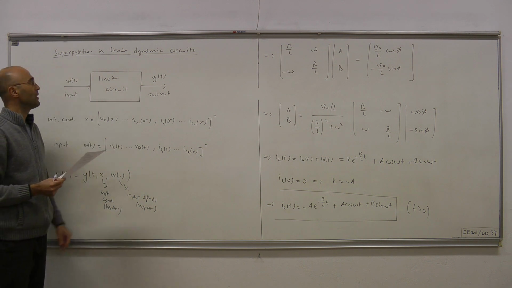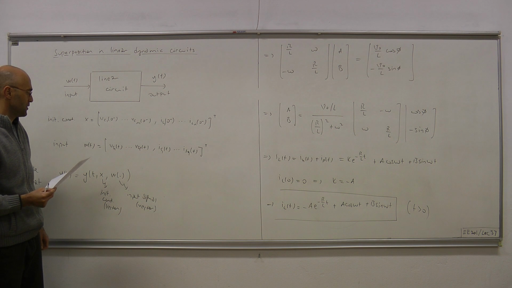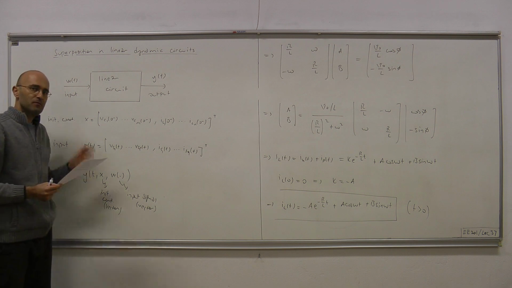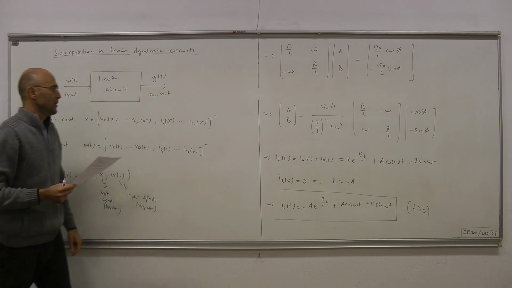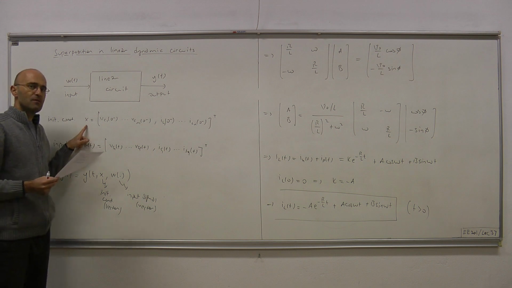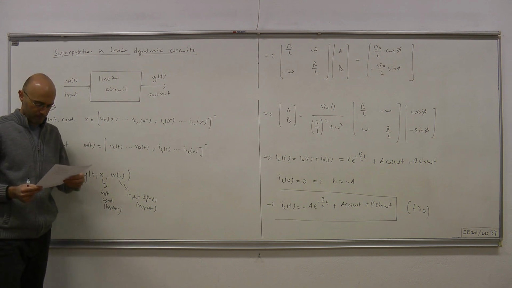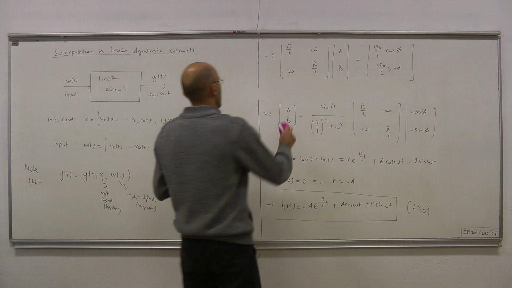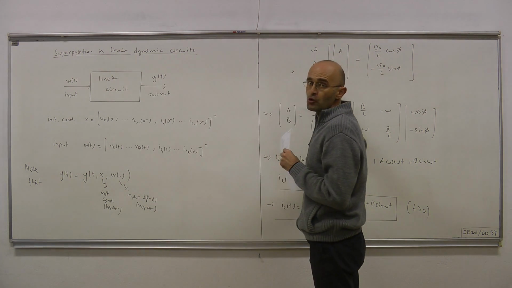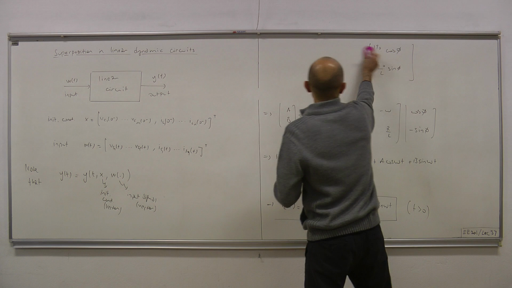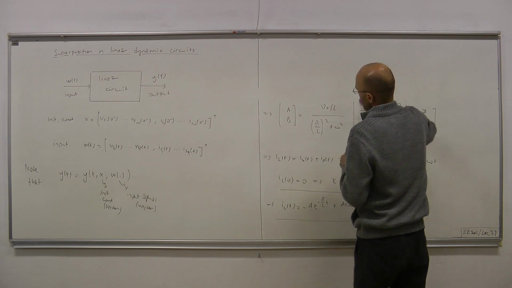Okay, now how about superposition? Now we're going to see how the output depends linearly on the initial condition and also on the input. And that piece of information could be useful in circuit analysis for dynamic circuits.